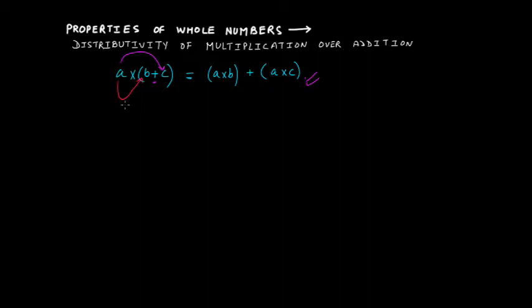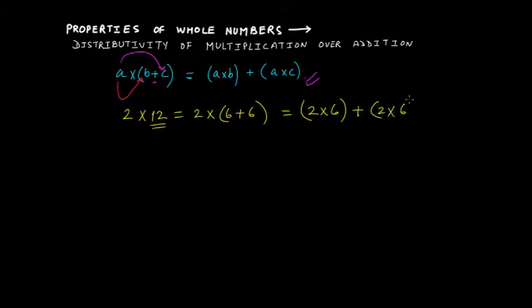And the example is, suppose I take 2 multiplied by 12. And if I write it like this, 2 multiplied by (6 plus 6), I've just expanded it, and therefore it would be 2 times 6 plus 2 times 6.